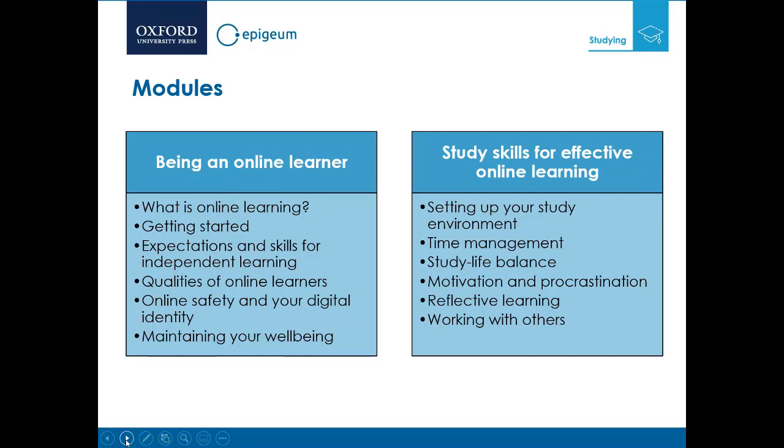The second module, Study Skills for Effective Online Learning, delves deeper into the skills covered in the first module, providing tips and guidance on creating a good study environment, managing your time, establishing a study-life balance, maintaining motivation, reflecting on your learning experiences, and working with others.